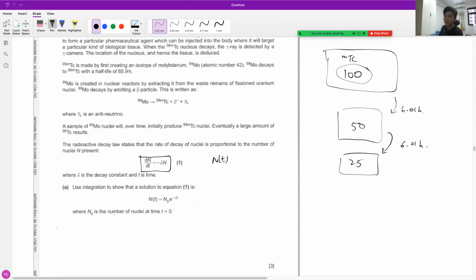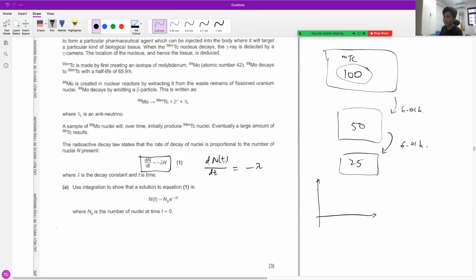This tells you that how N changes with respect to time is equal to negative lambda N. What this means is that the more you have, say at some time you have 100, then it'll be decreasing by minus lambda times 100, and hence N will decrease, becomes even smaller, and eventually you'll asymptote towards zero.